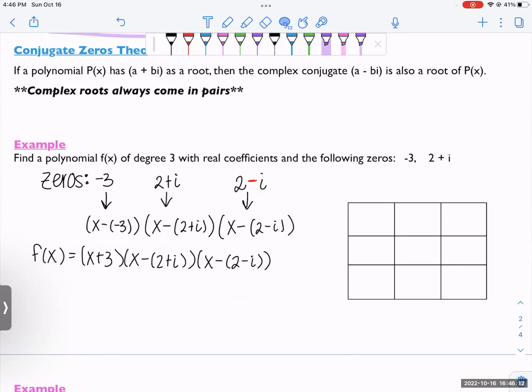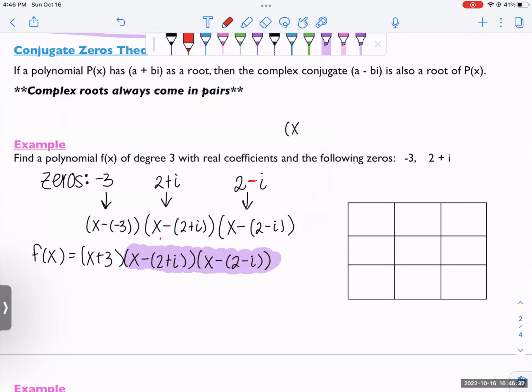All right, so in my review of complex numbers video, I talked about multiplying out expressions with complex numbers in them. I'm going to start by multiplying this guy out. So I'm going to multiply x, and then that means I will want to distribute the negative.